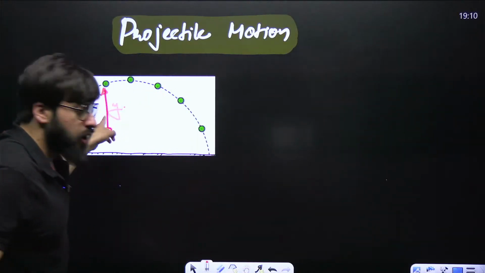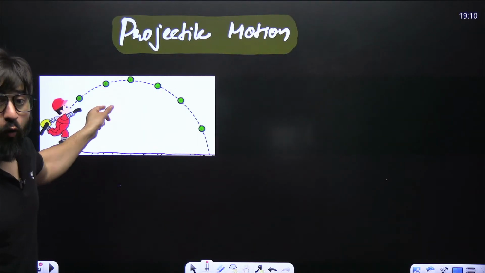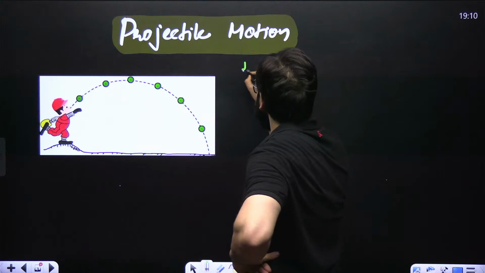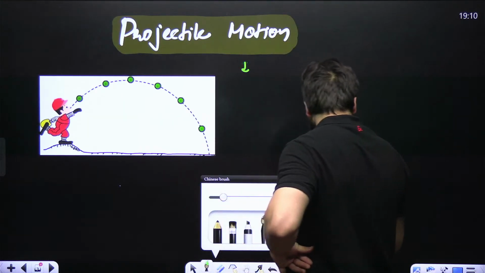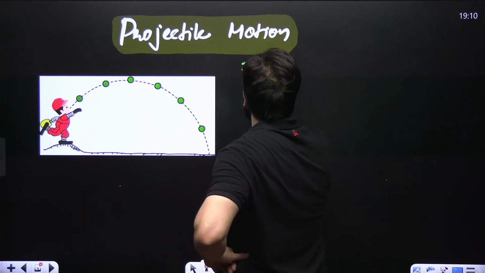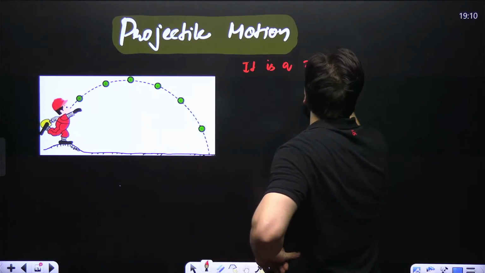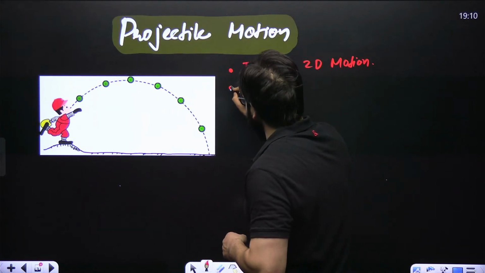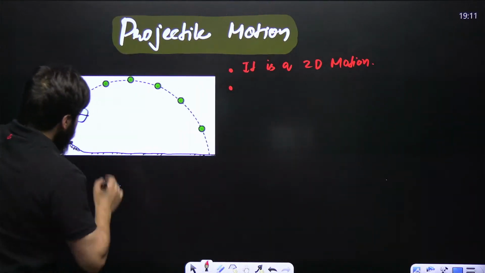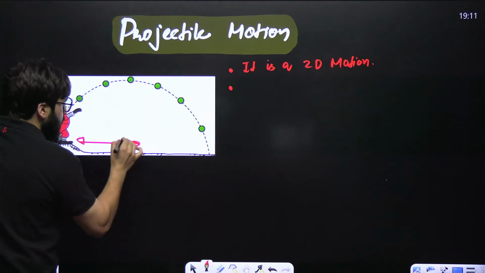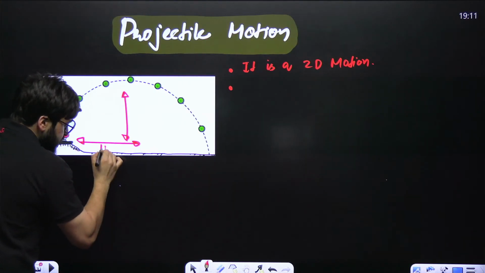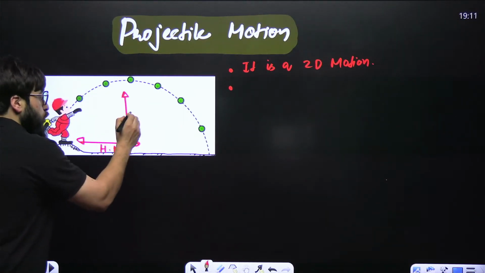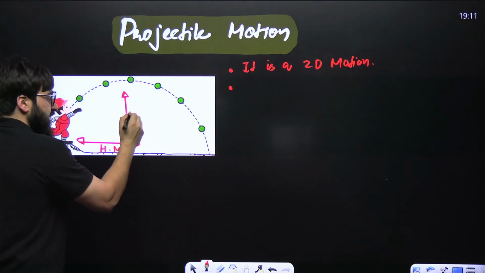So, this is what we call the motion in 2D. It is a two-dimensional motion. One more point I just want to add over here. Can I say it is the combination of horizontal motion and vertical motion? The ball is moving horizontally as well as vertically.